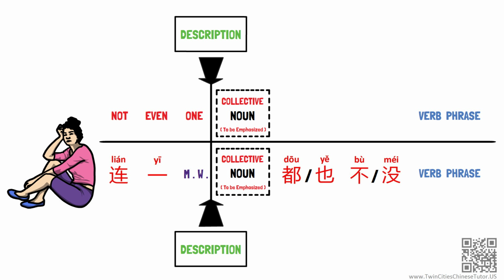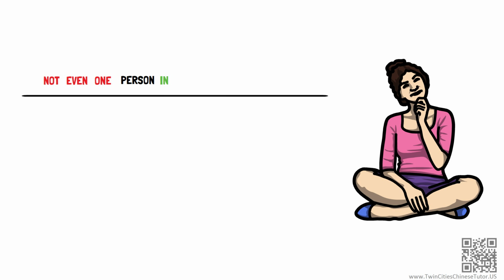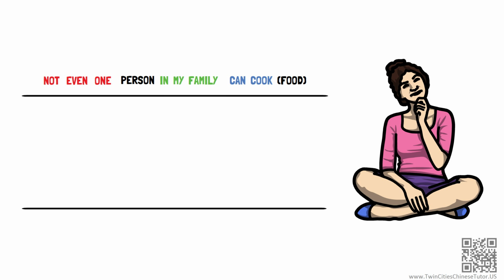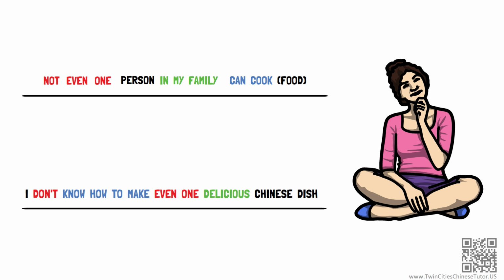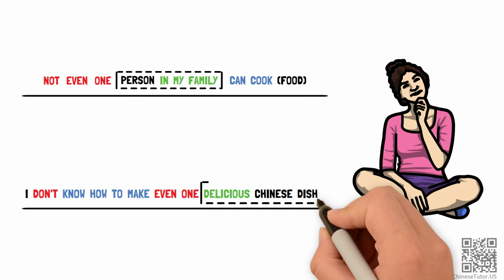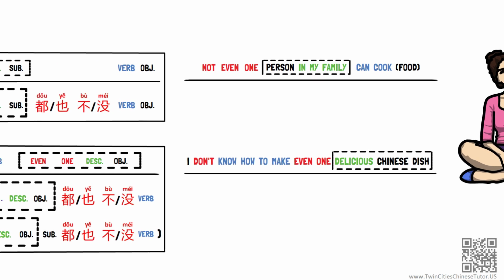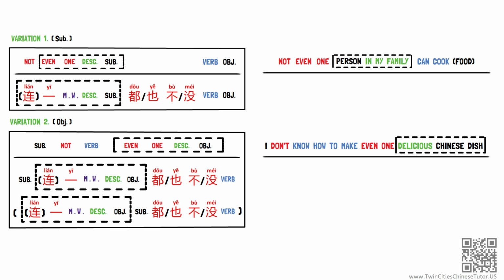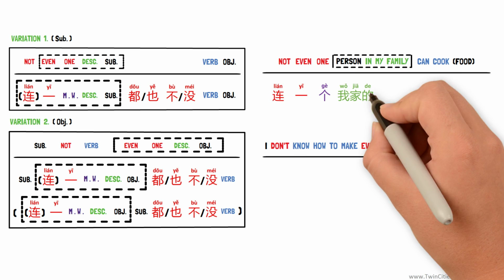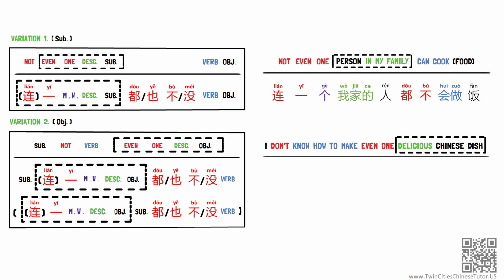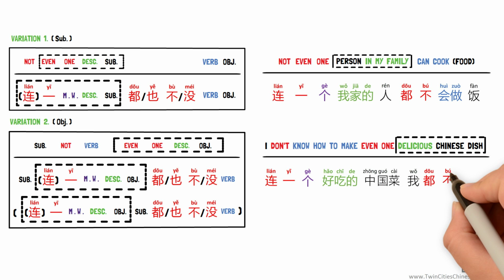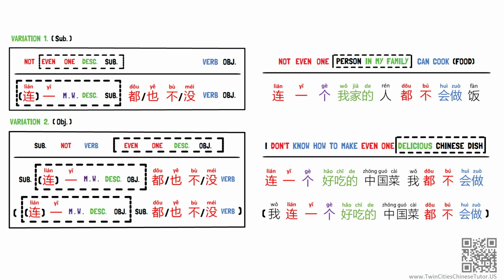For example, if Ellie wants to say, "Not even one person in my family can cook," and "I don't know how to make even one delicious Chinese dish," the phrases "person in my family" and "delicious Chinese dish" are slightly longer than the single character nouns we saw earlier. Even though it would be grammatically correct to translate the sentences following the patterns above as 连一个我家的人都不会做饭，连一个好吃的中国菜我都不会做, they can be slightly confusing to some people with shorter attention spans like me.